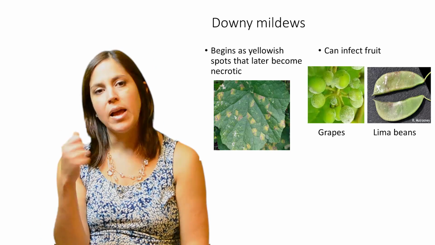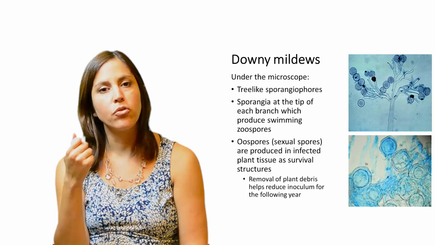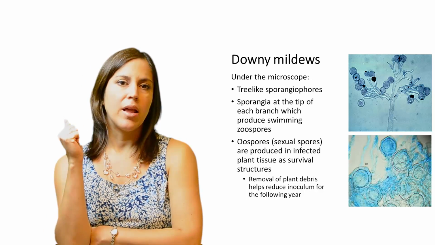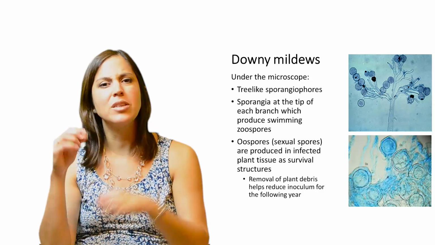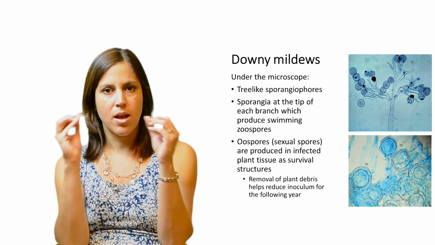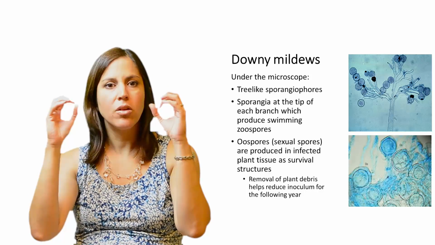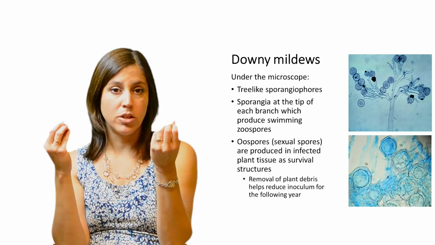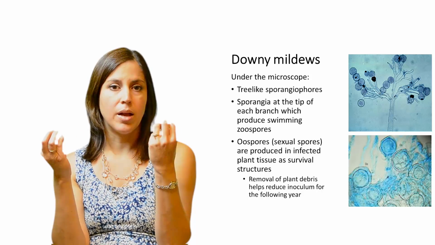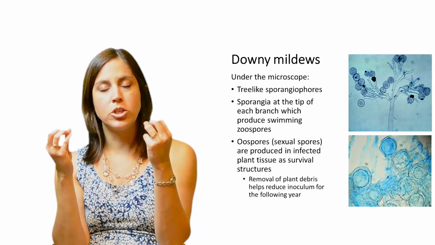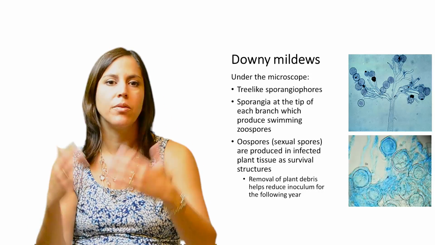If you collect that sample and look under the microscope, what you're going to see is that the sporangiophores have this tree-like structure, and at the end of this tree you're going to see the sporangia at the tip, which then open up and free the zoospores.